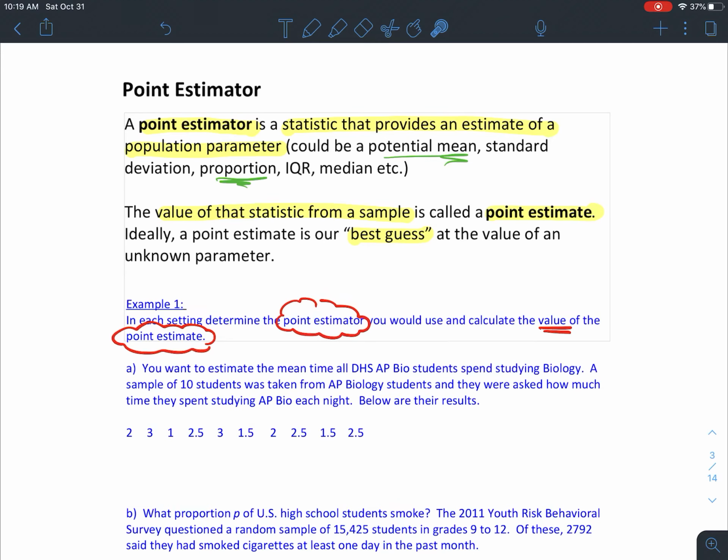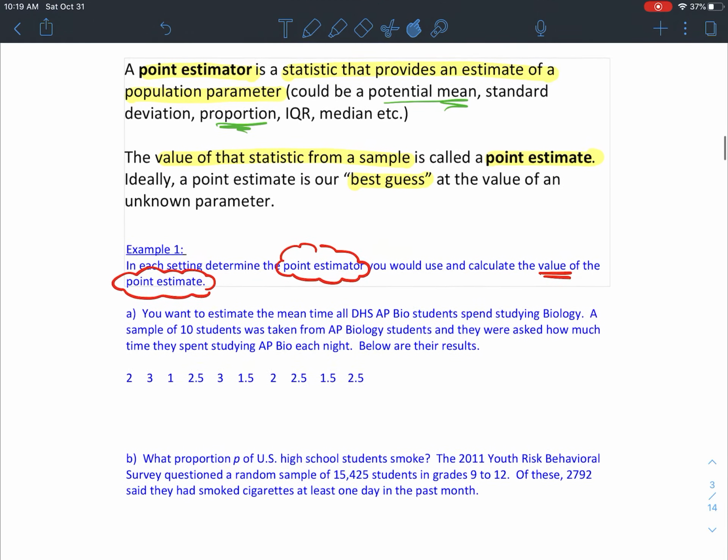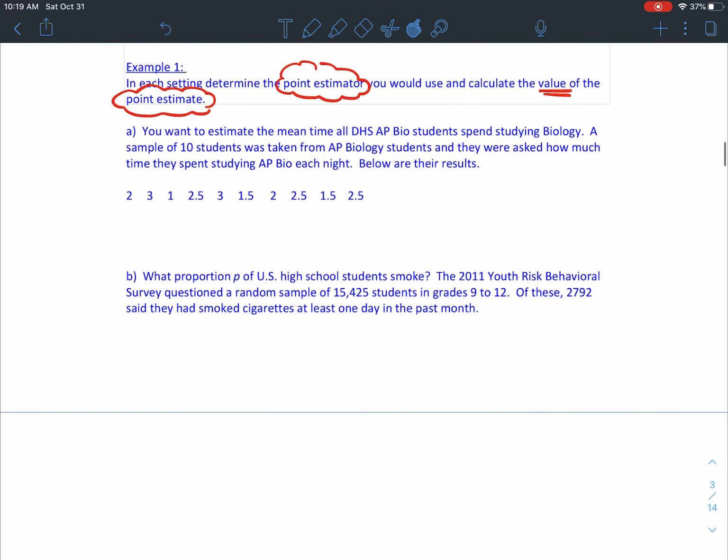Here it says you want to estimate the mean time that all Dover High School AP Bio students spend studying biology. A sample of 10 students was taken from AP Biology students, and they were asked how much time they spend studying AP Bio each night. Below are the results, in hours, of the amount of time that each of these 10 AP Bio students said they spend studying bio.